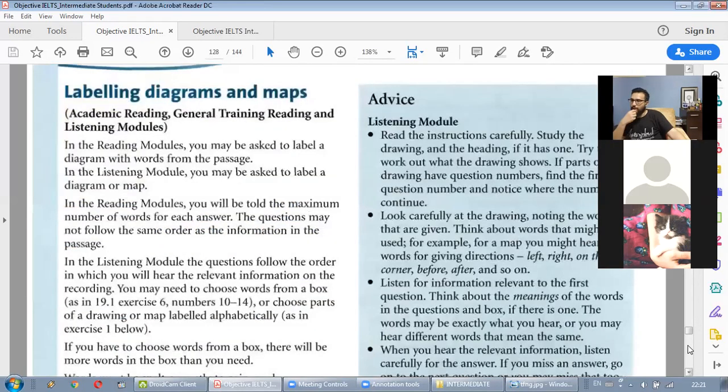You know, we just covered the true, false, not given questions in the student book intermediate. You still have true, false, not given in the advanced book, in the advanced workbook, and in the intermediate workbook. Fantastic news.